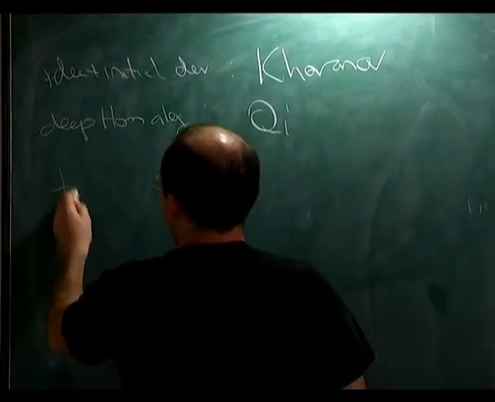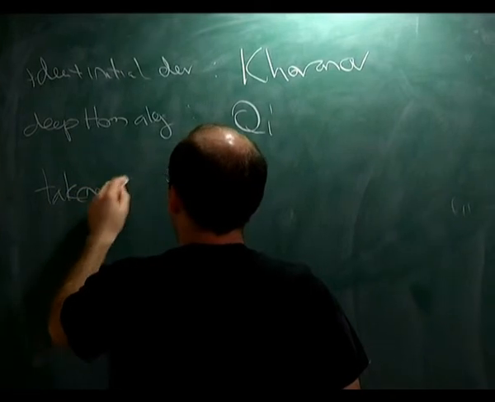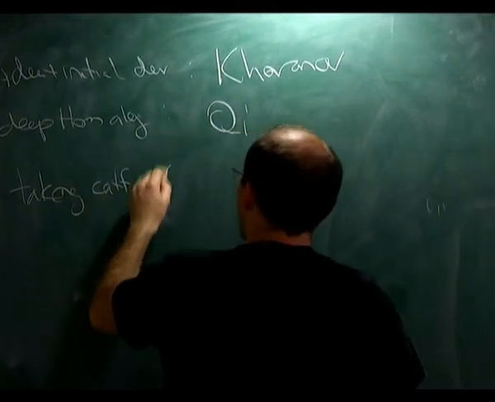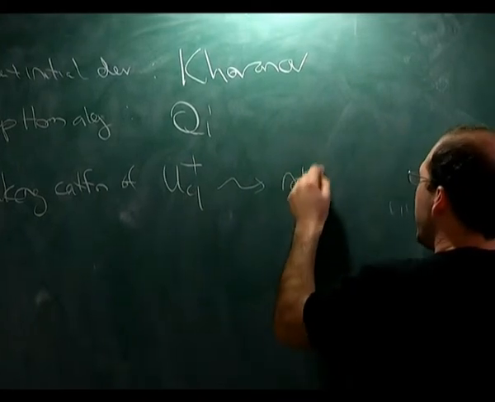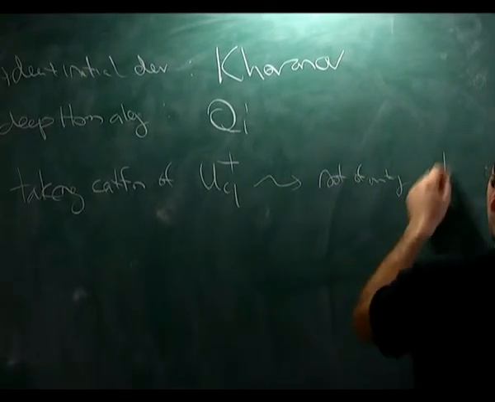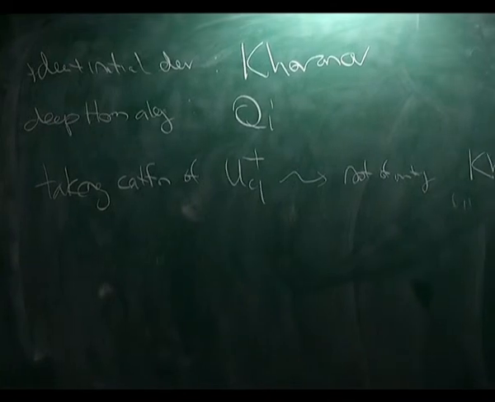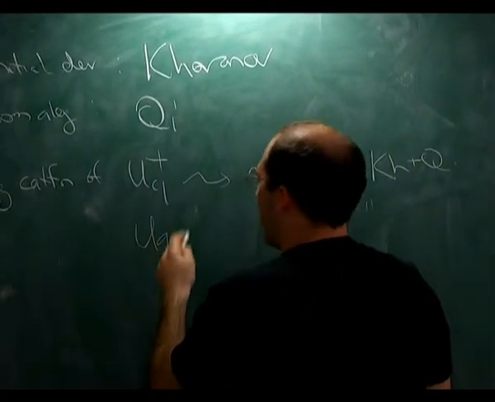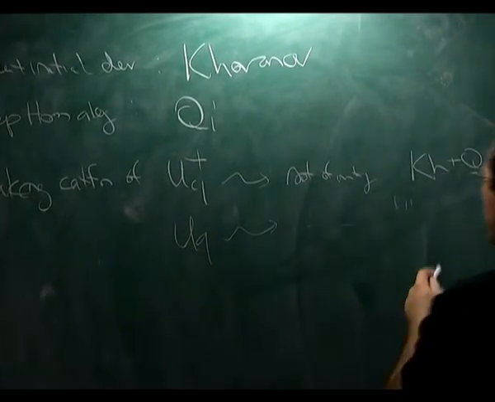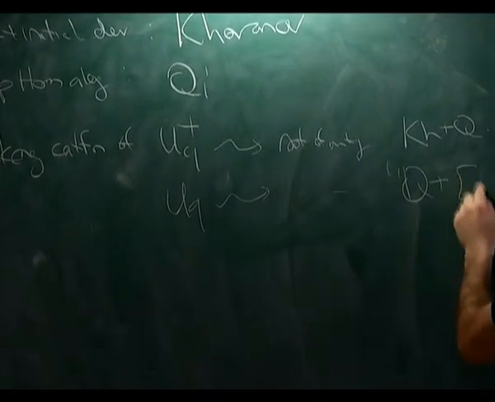And taking categorifications of U_q^+ to roots of unity, this was done by Khovanov and Qi. And then taking the categorification of the whole quantum group to a root of unity, this is done by Qi and myself.